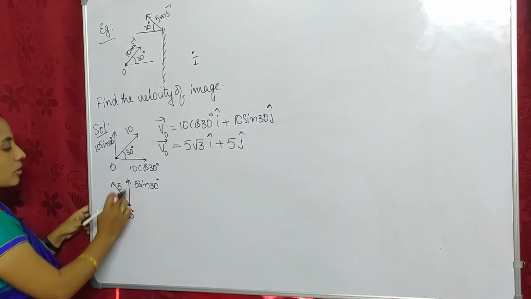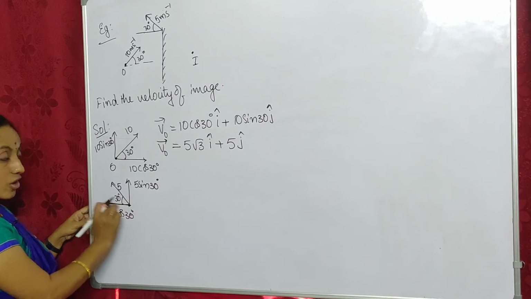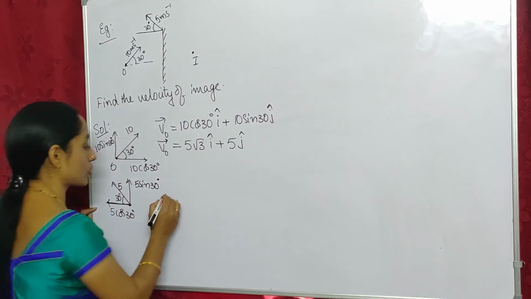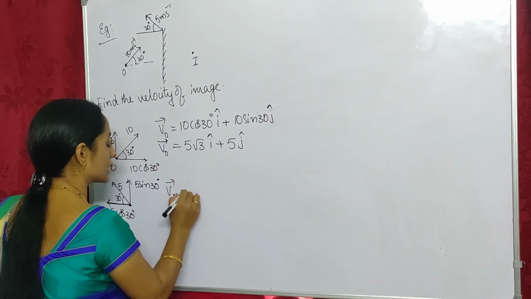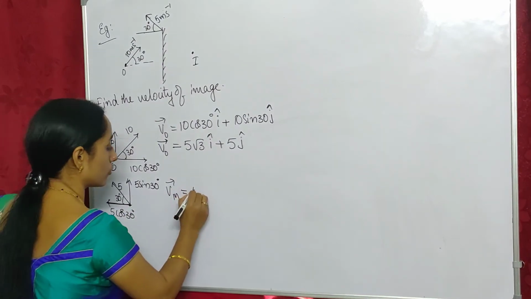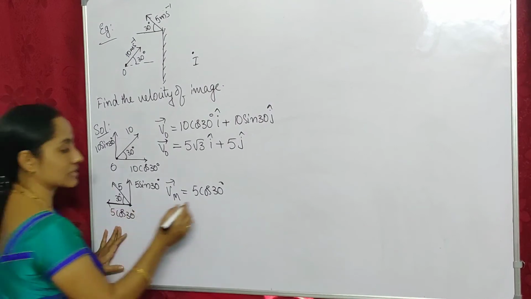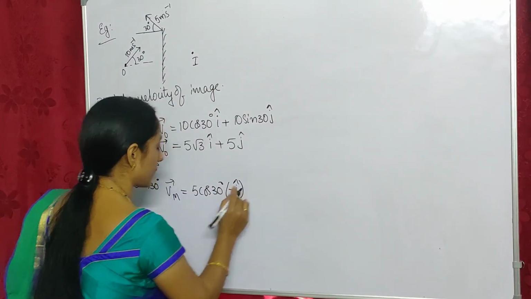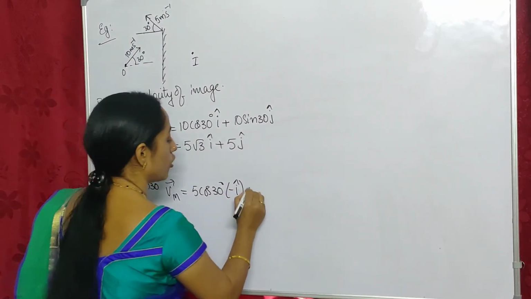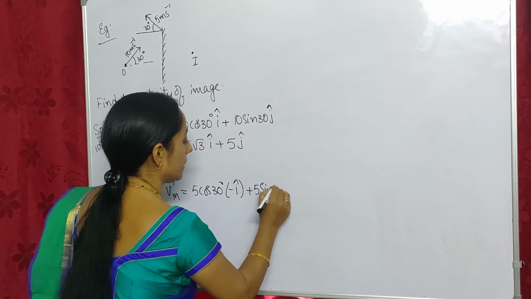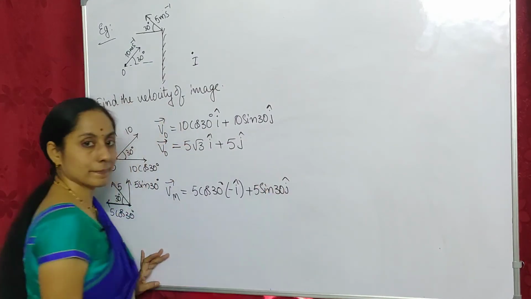Now see, this is along positive y axis, but this is along negative y axis. So Vm bar is equal to 5 cos 30 along negative x axis, so minus I cap. This is along positive, so 5 sin 30 j cap.